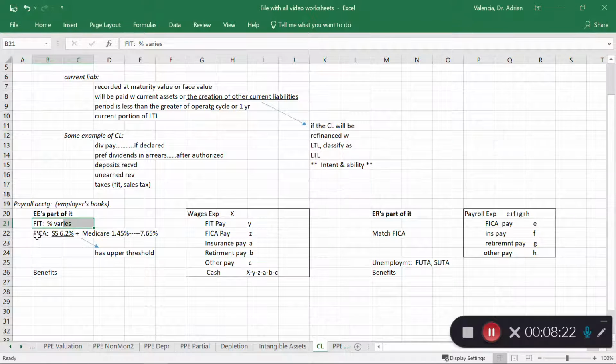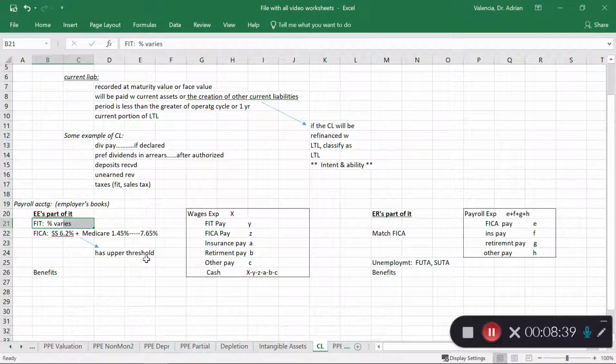Another one is the FICA, the Federal Insurance Contributions Act. That includes Social Security and it includes Medicare. So you have Social Security at 6.2% that gets taken out of the employee's amount up to a certain threshold.